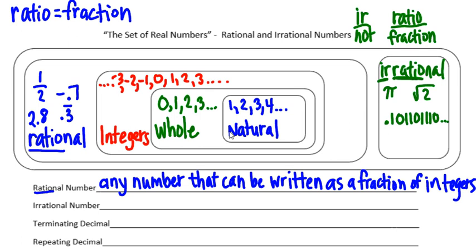So it could be 1 over 2. It could be negative 7 over 5. It could be 17 over 3. Anything that's a fraction of integers. That means the top and the bottom both have to be integers. They can't be decimals. They can't be square roots. They can't be pi.